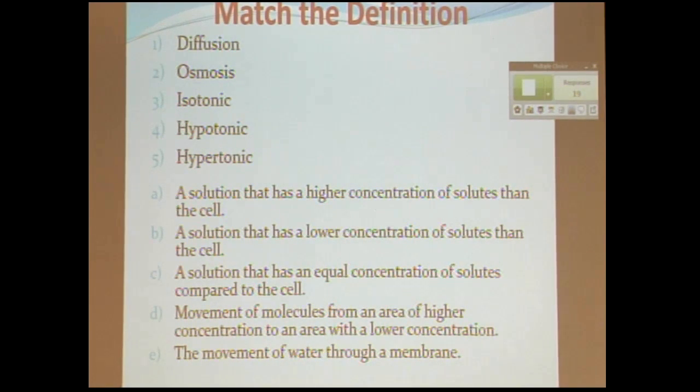What about isotonic? Isotonic is C. Hypotonic. So hypotonic is B. So that's bad. And then hypertonic is A. So what do you think 100% like pure water would be?